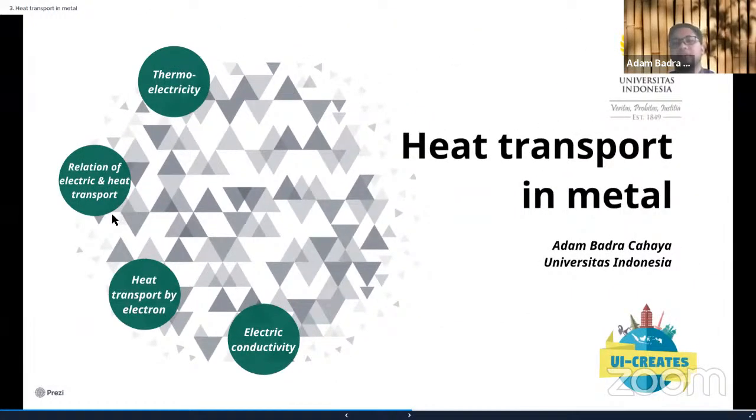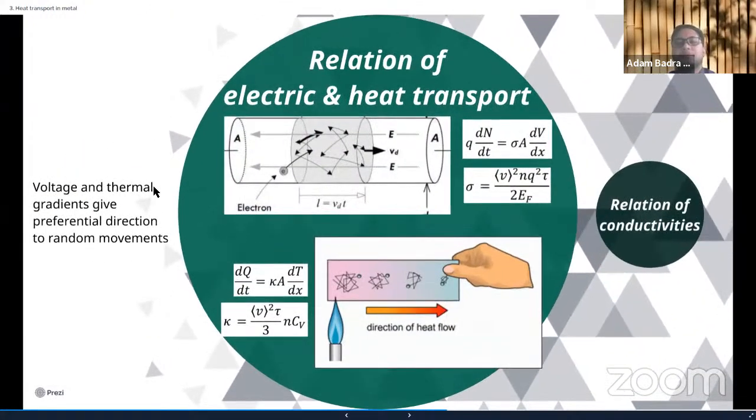So which one is correct? And now we come to an interesting relation. This electric and heat transport, if you notice, have quite a similar principle. They basically come from the statistics of the movement of the electron and have similar formulas.